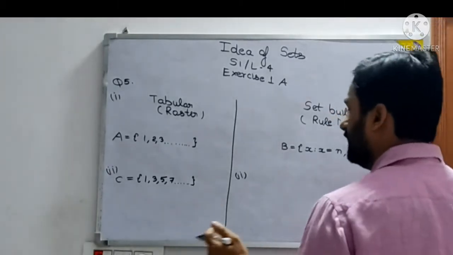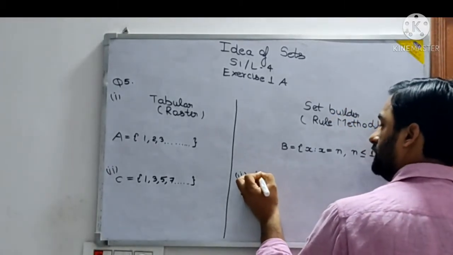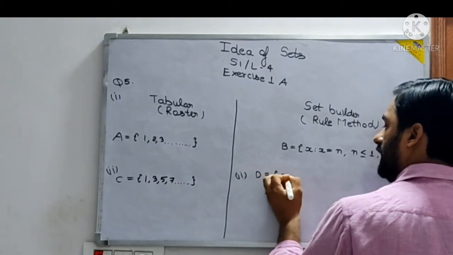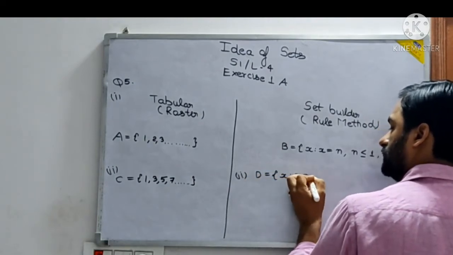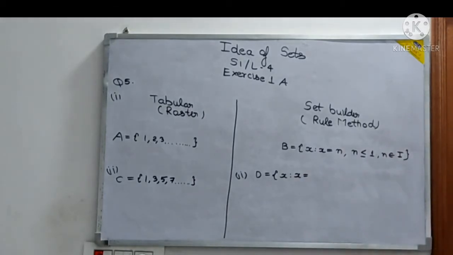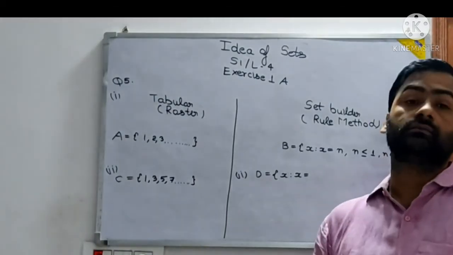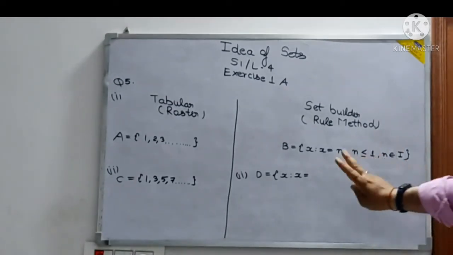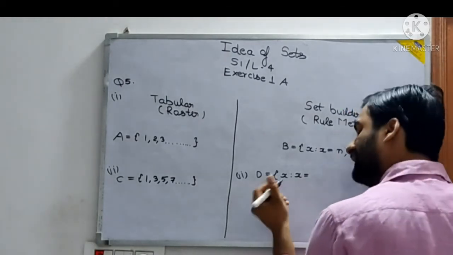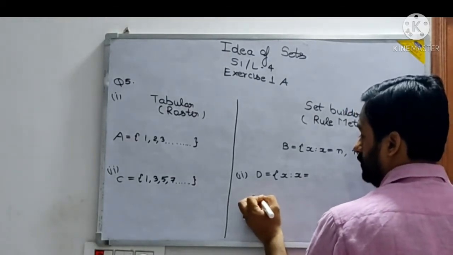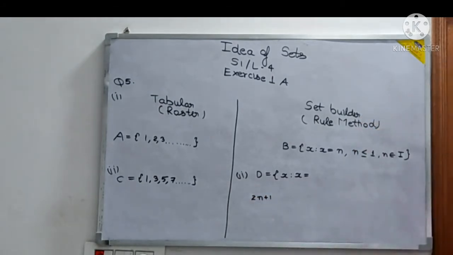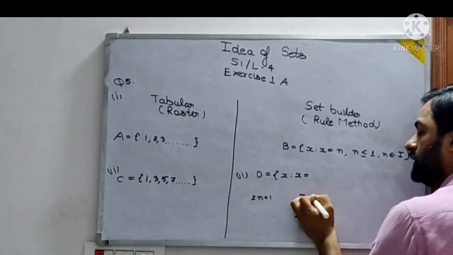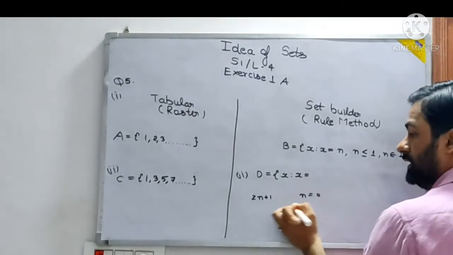How to generate 1, 3, 5, 7 and so on? Suppose I have an equation 2n plus 1. If n equals 0, then what will come here? 1. That means 1 will be generated here.